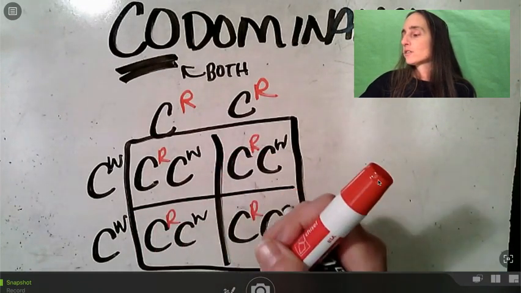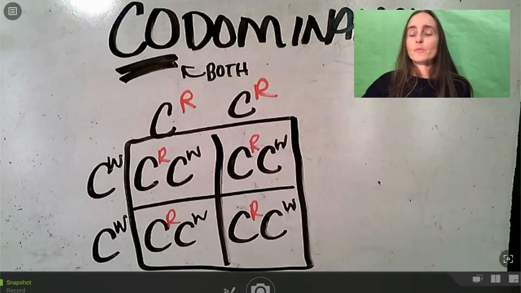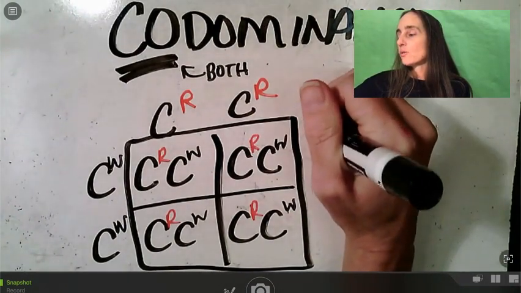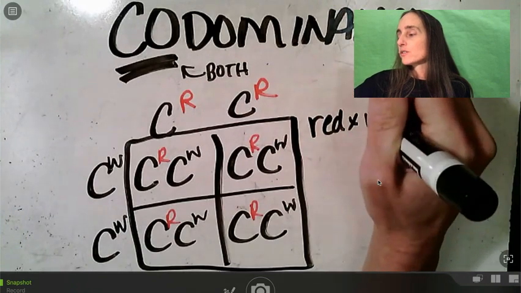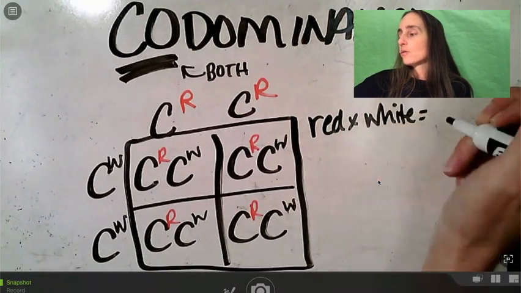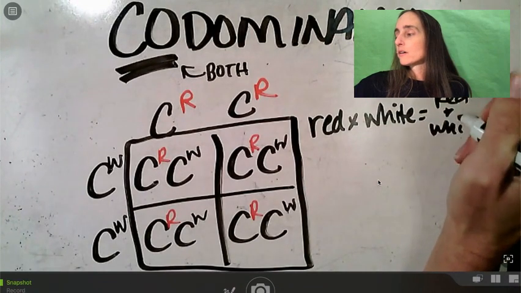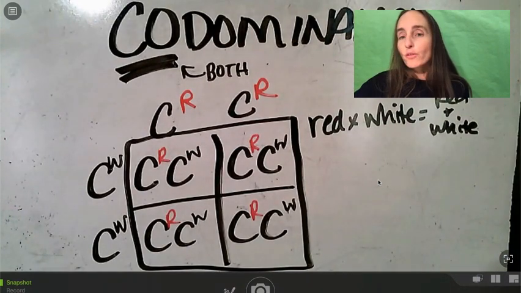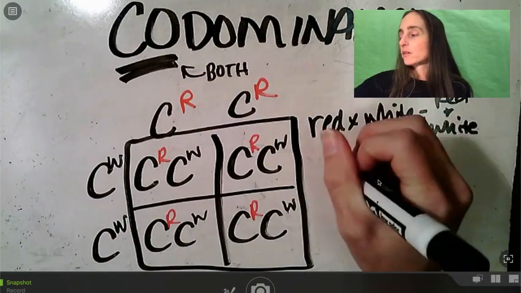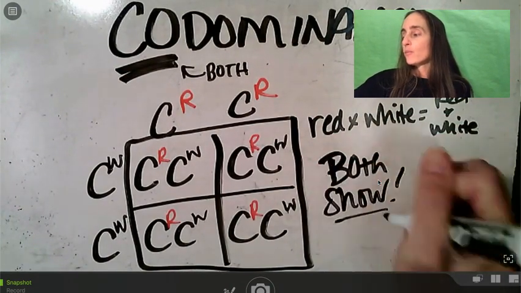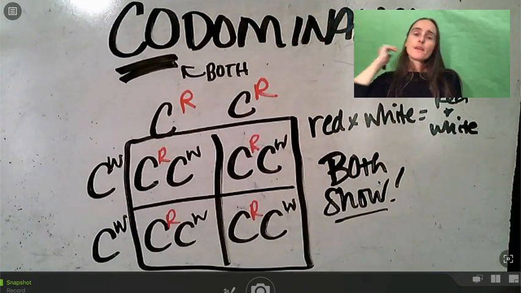So if you looked at its coat, it would be red and white. So in this instance, you have red crossed with white equals red and white, both. They're both expressed. Both show. Okay, and that's what co means.